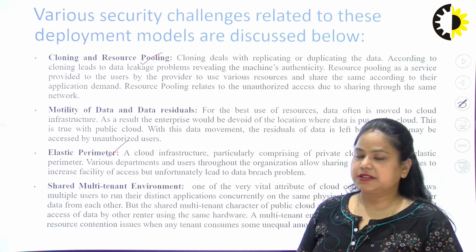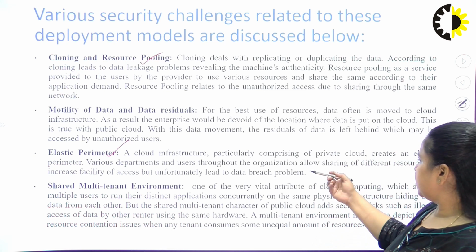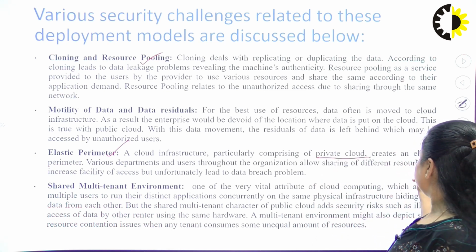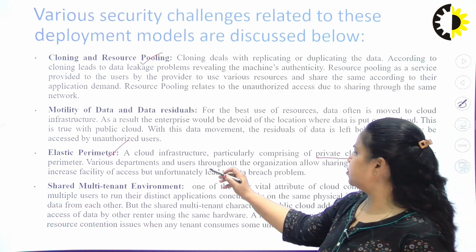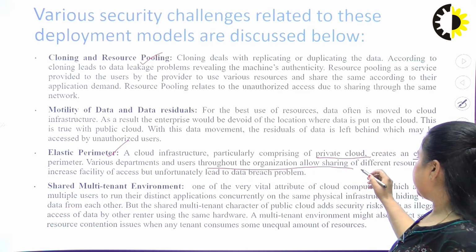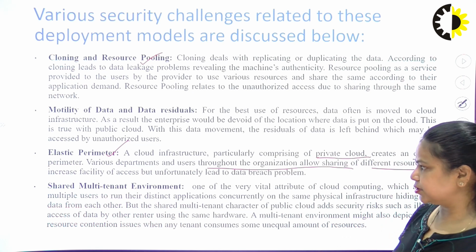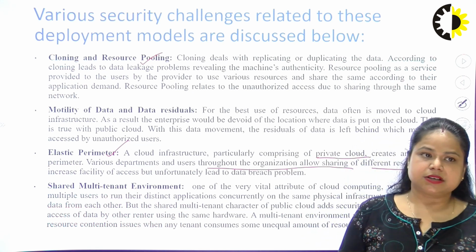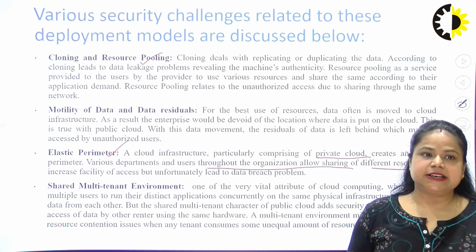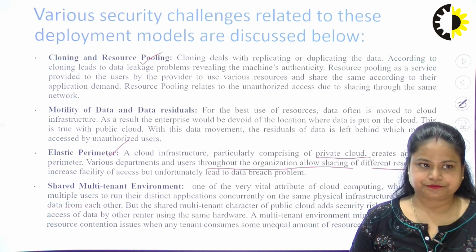Elastic parameter comprises private clouds in which we can create an elastic parameter, where various departments and users throughout the organization share different resources, which can increase the facility of access, but unfortunately it leads to the data breach problem.